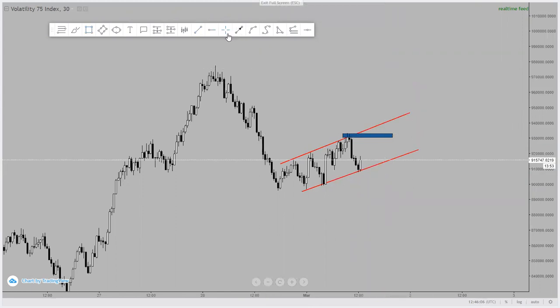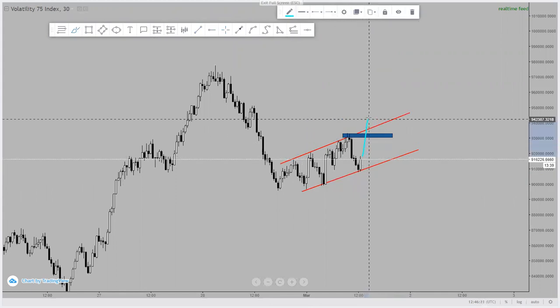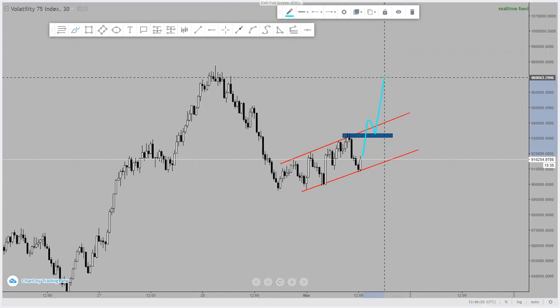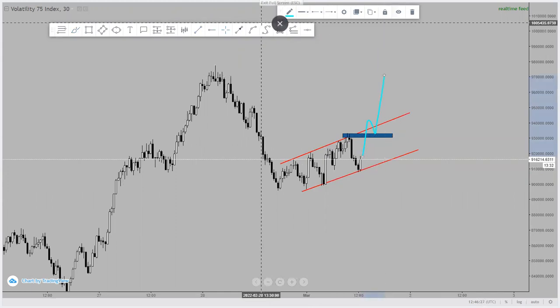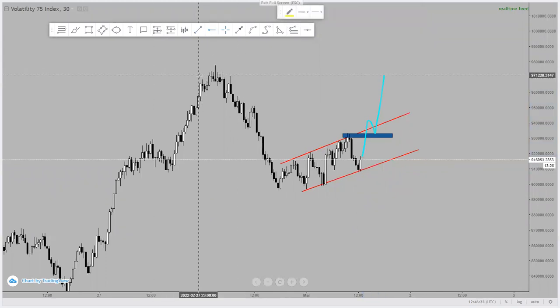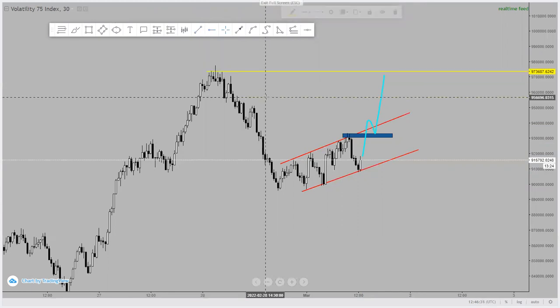So according to the monthly and the weekly, as we saw, the probability for the market to buy this whole week is higher than for the market to sell. But as you all know, we react according to what the market gives us. So here, if it breaks out at the top there, we're going to scale our buys all the way to the top.